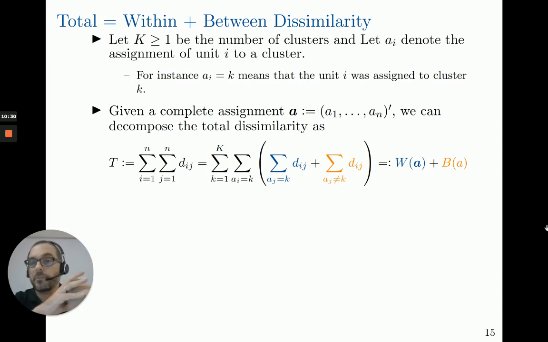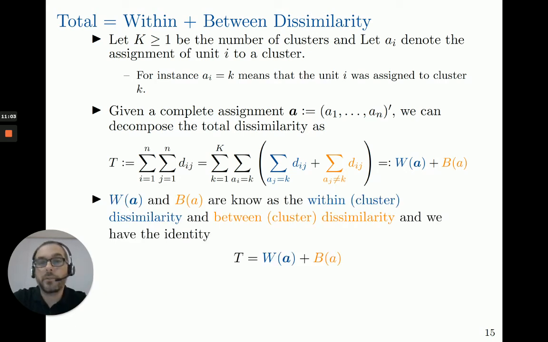We can decompose the total dissimilarity T, which is the sum over all the ij's, into the dissimilarity within a cluster plus the dissimilarity between clusters. The blue term we're going to call WA, which means within, and BA, which means between.